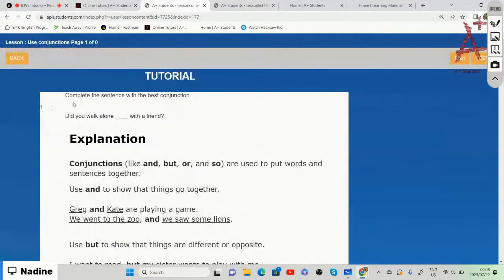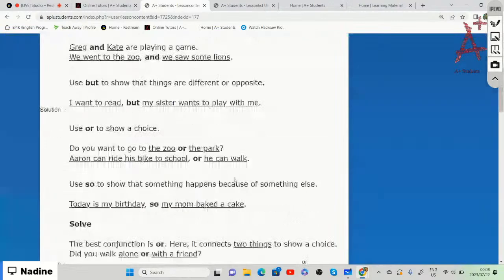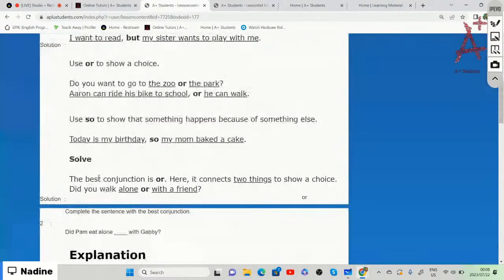All right, so now let's look at the sentence. It says complete the sentence with a conjunction. Did you walk alone or with a friend? The conjunction is or, because they're asking, did you walk alone or did you walk with a friend?